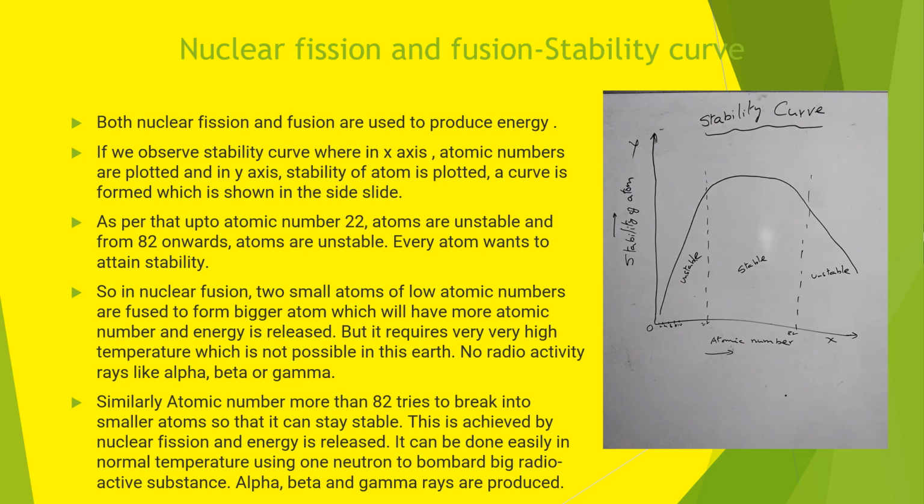Similarly, an atom with atomic number more than 82 tries to break into smaller atoms so that it can stay stable. This is achieved by nuclear fission, and energy is released here also. It can be done easily at normal or room temperature using one neutron to bombard a big radioactive substance like uranium. Alpha, beta, gamma rays are produced.